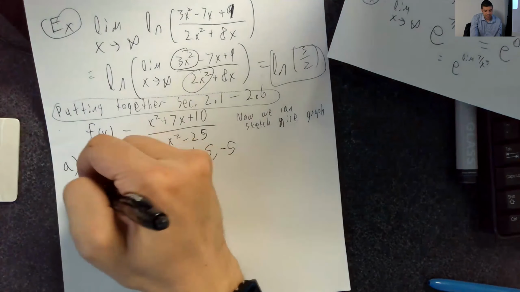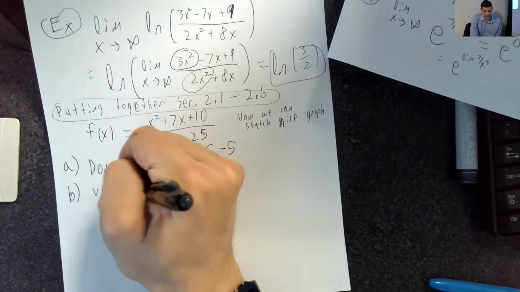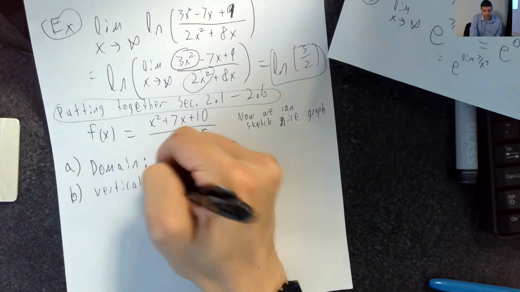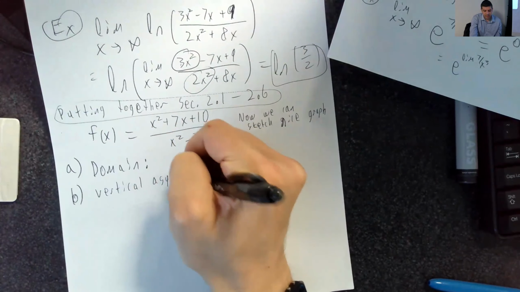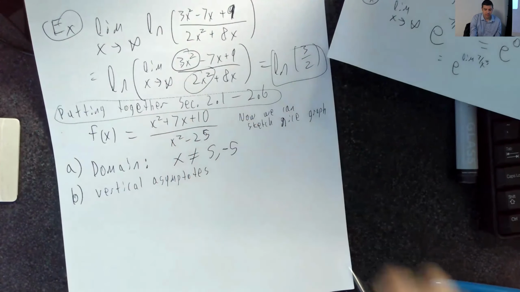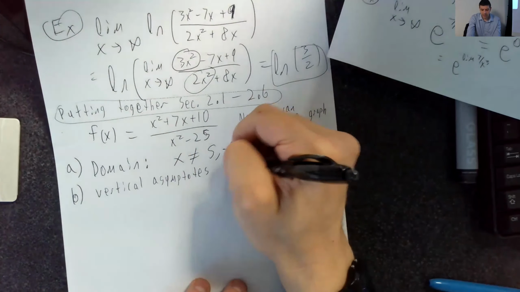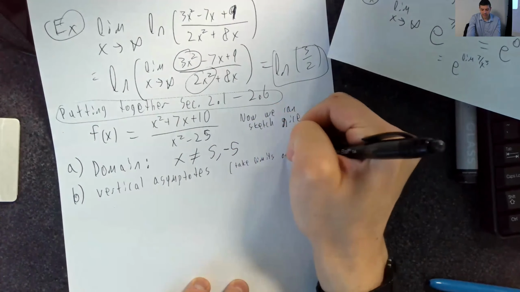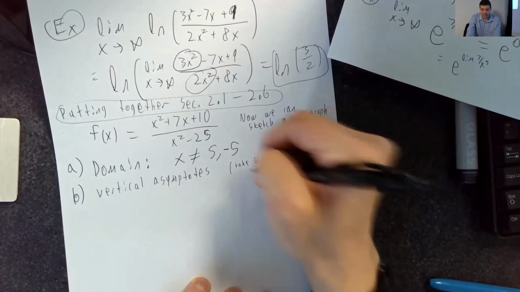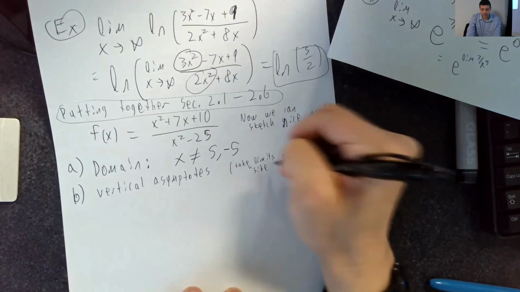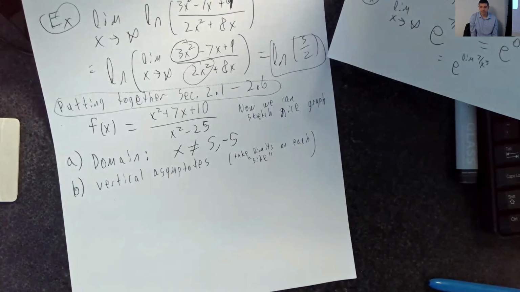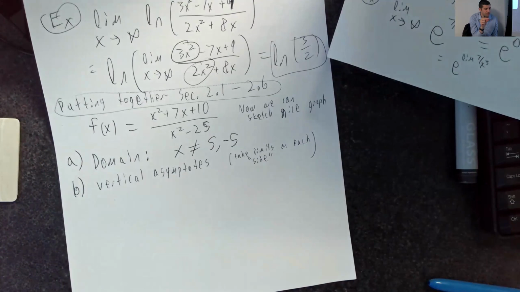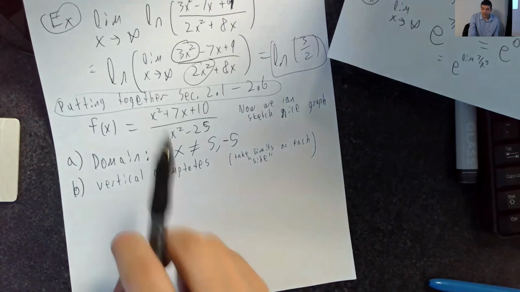Okay. Vertical asymptotes. This is a hard question. Also, you have to take limits on each side. So vertical asymptotes are going to be all your C over 0 cases.